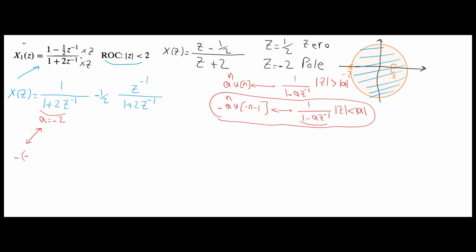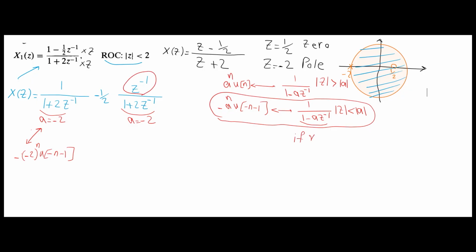Therefore, its inverse Z transform becomes minus (minus 2) to the power n times u[minus n minus 1]. Now consider the second fraction. Again, a is equal to minus 2. However, this fraction also contains z to the power minus 1.